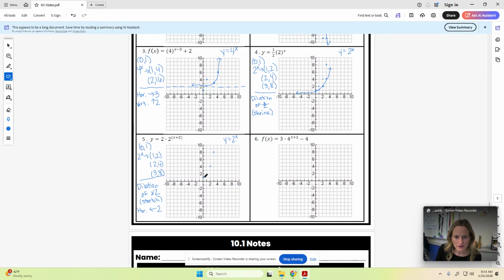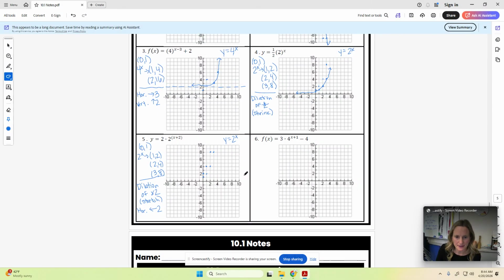So rather than having a y value of 1 here, 1 times 2 is 2. So now my intercept is up here at 2. This had a y value of 2, that got doubled to 4. This had a y value of 4, that got doubled to 8. And this had a y value of 8, so that's now up at 16. It's off my graph.